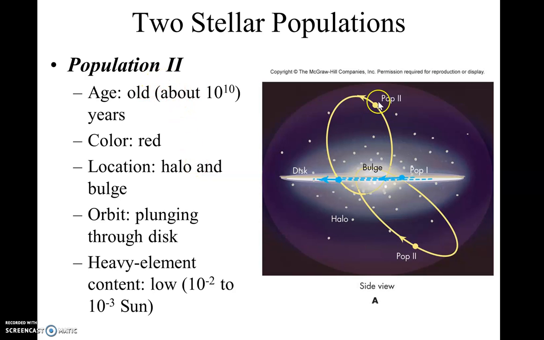Population 2 stars we find in the halo and in the globular clusters. In fact, that's what the globular clusters are made of, by and large. They're all Pop 2 stars. We're going to find, and I'll talk about this a little bit in the future, that there are entire galaxies that are made up of just population 2 stars. But that's a story for another day. The thing that's interesting about population 2 stars is that they have very low metal content.